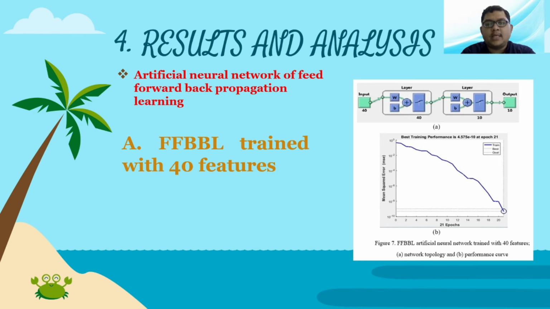The training process took 35 minutes 33 seconds, and the neural network reached stability after 21 epochs. This network's accuracy is 98.33%. Network performance was measured using MSE and is illustrated in Figure 7b.